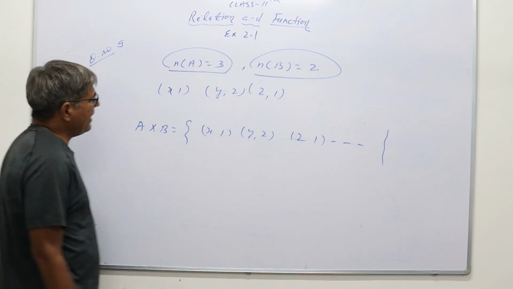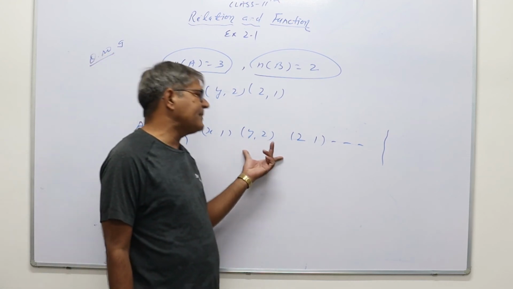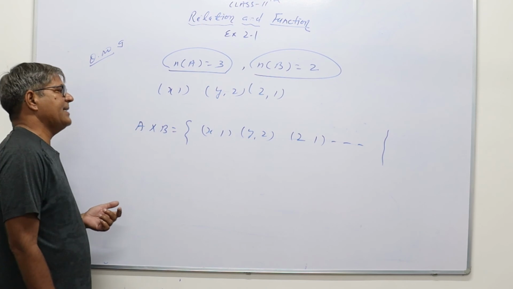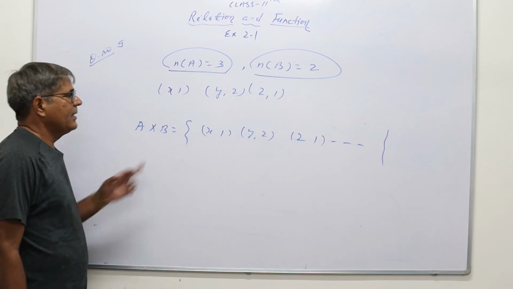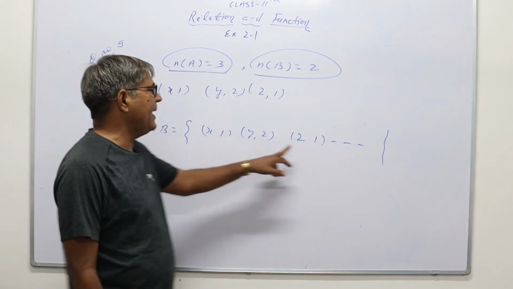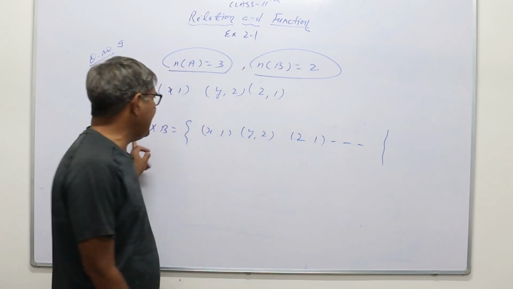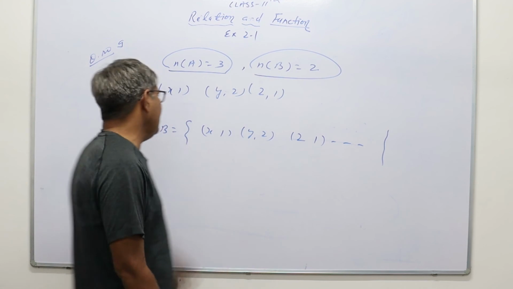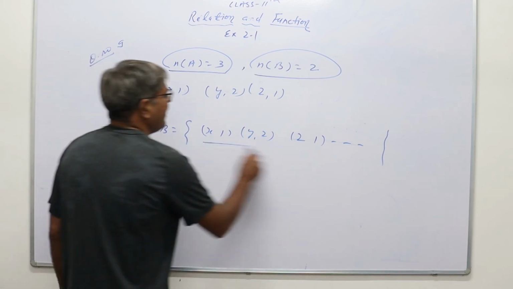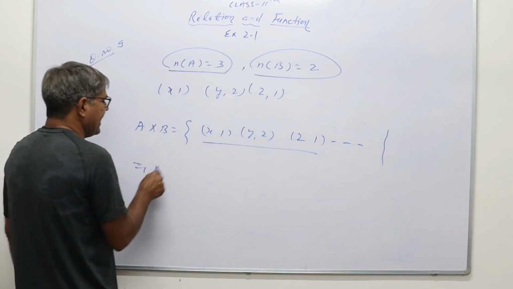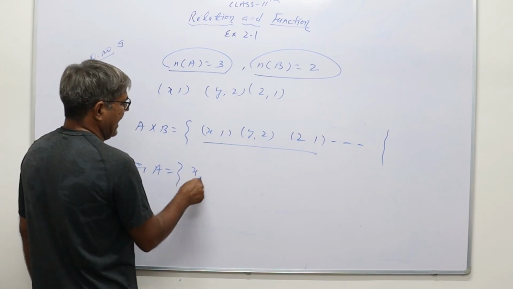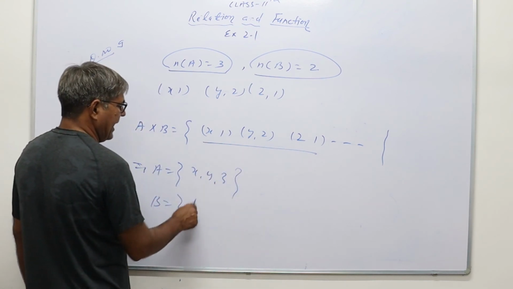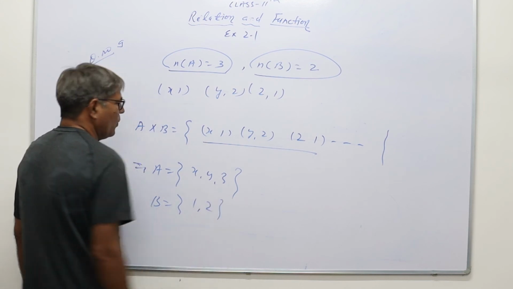So whenever in a Cartesian product some subsets are given, then in the given subsets as ordered pairs, the collection of first elements will belong to the first set and the collection of second elements will belong to the second set. So by simple observation, here set A will have x, y, z and set B will have elements 1 and 2.